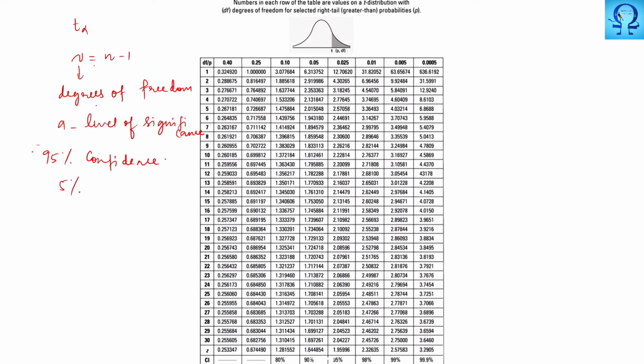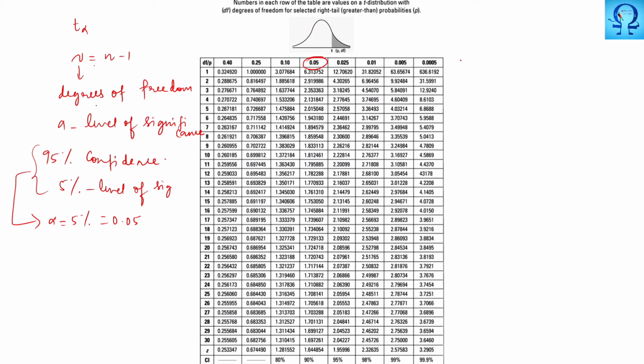In either case, your alpha is 5%, that is 0.05, and this is available on the top, in the first row. These are some standard values. In the problems that we are going to deal with, we will mostly be given only these values, nothing else.